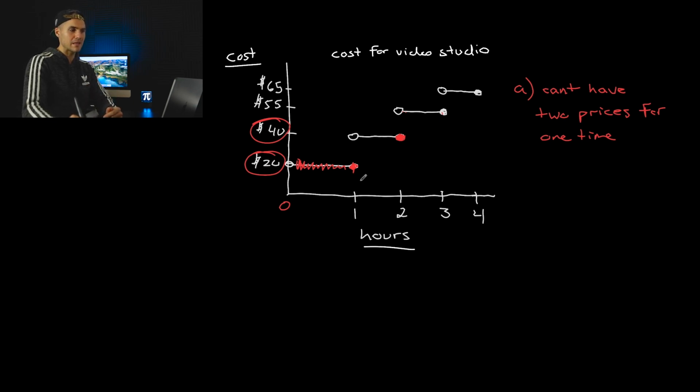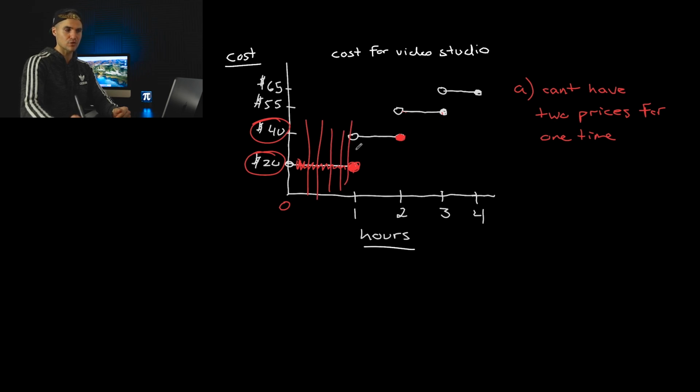So it wouldn't make sense if this was a solid dot and this was a solid dot, because now there would be two prices for this 1 hour. Are you getting charged $20 or are you getting charged $40? That doesn't make sense. It has to be only one of them. And so that's why this has to be a function, because there can't be multiple prices.